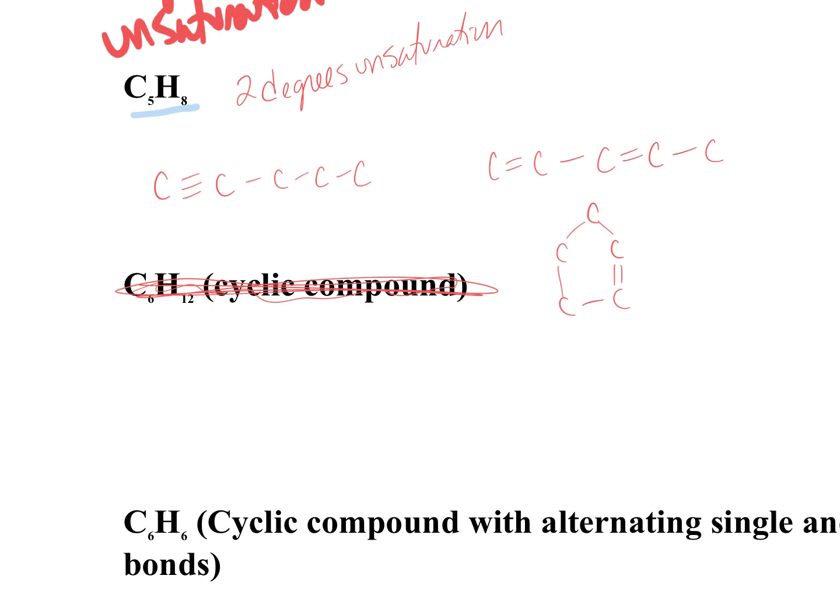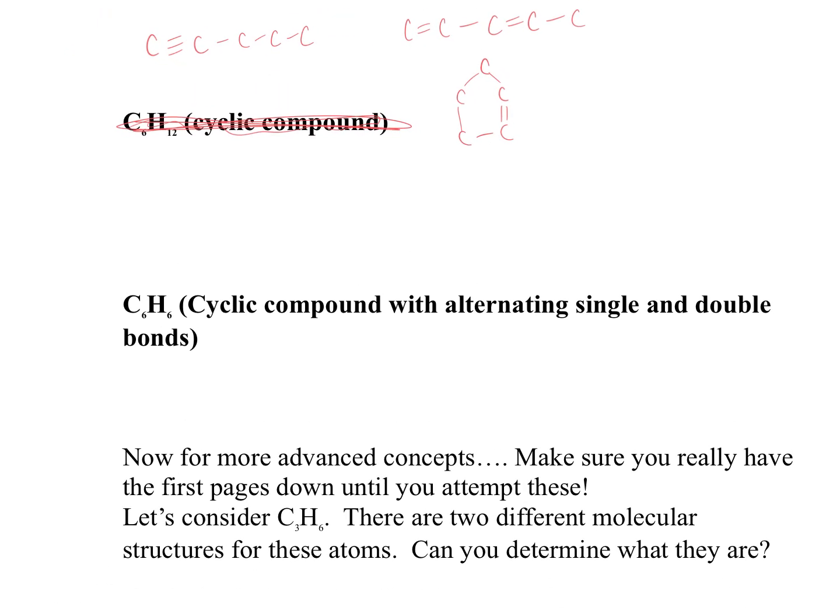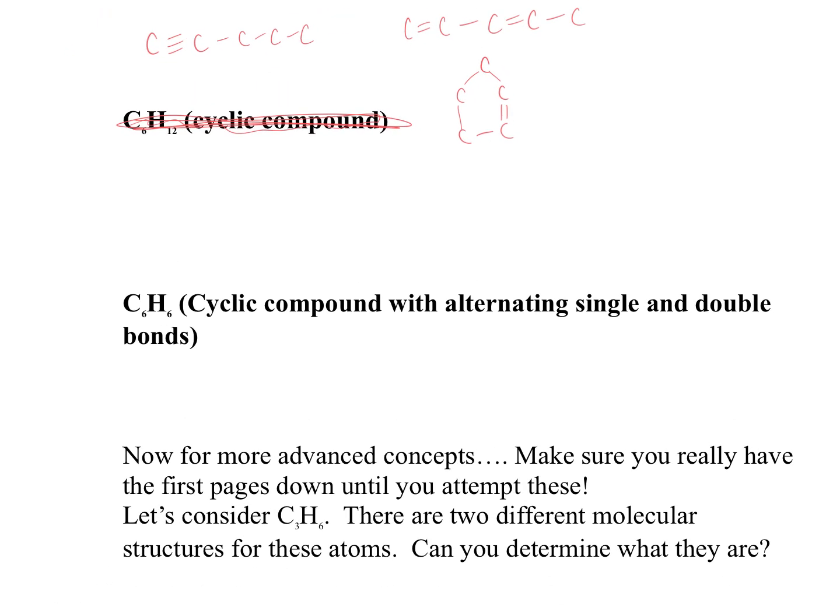And I'm going to go on to C6H6. Okay. So this tells you that it's a cyclic compound with alternating single and double bonds. We're going to put in C6. I'm going to put 6 carbons in a hexagon type of arrangement, just like that. And it tells you that they're alternating single and double bonds.